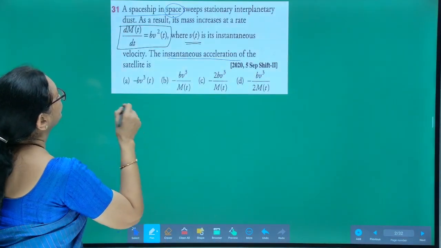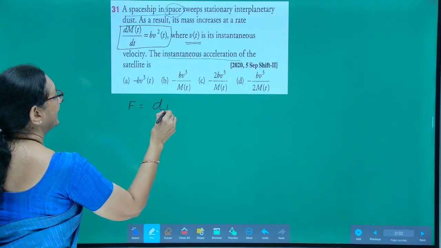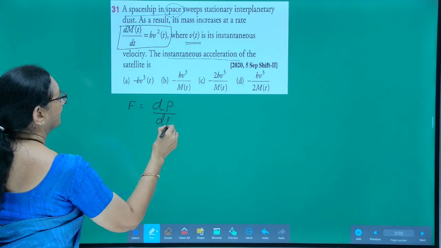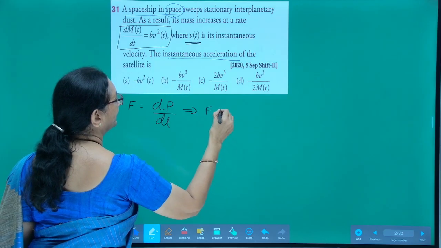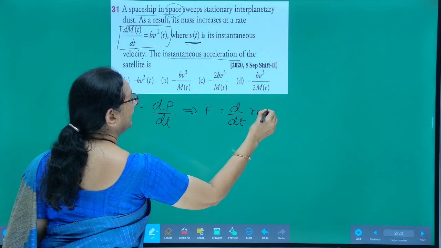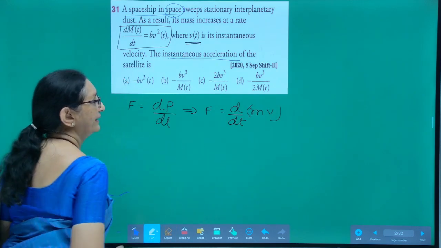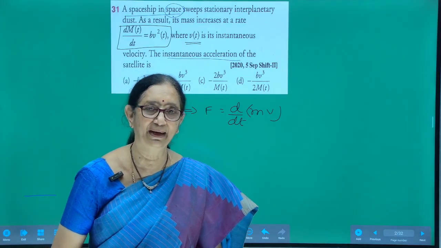So here force is equal to rate of change of momentum, right? Implies F is equal to d by dt of m into v. Here if m is constant, we just write it as m into dv by dt.